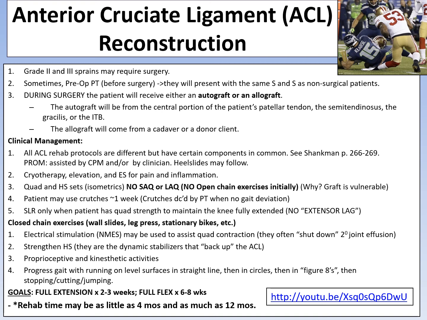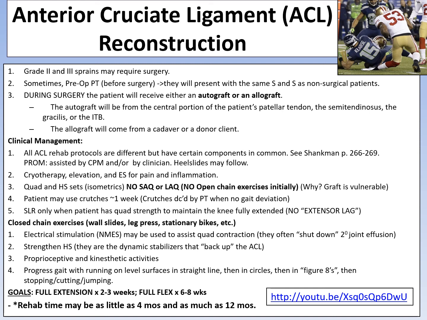When a patient has an ACL reconstruction, the surgeon is going to have a protocol that you are expected and required to follow. So it'll outline when you can do certain exercises, when weight bearing is allowed, and also when the patient can come out of their range of motion brace, because they will be placed in a brace that's going to limit their range of motion.